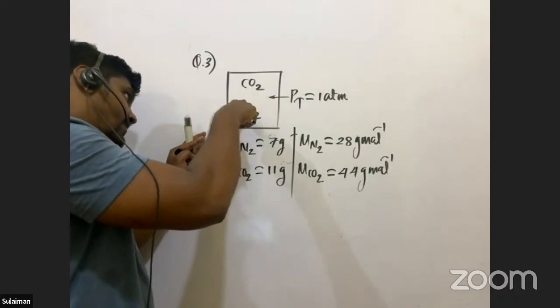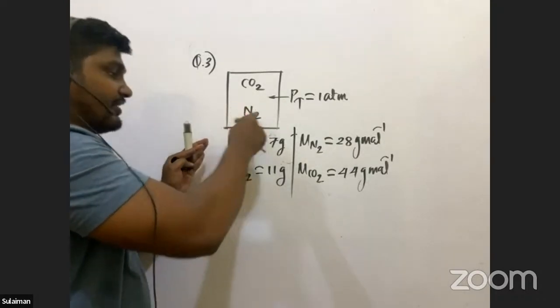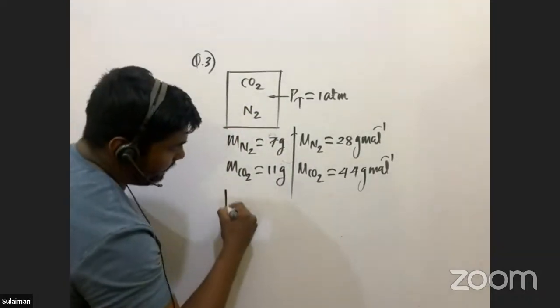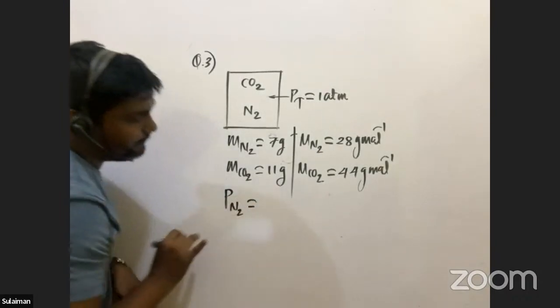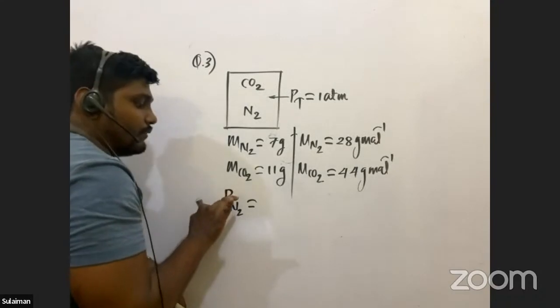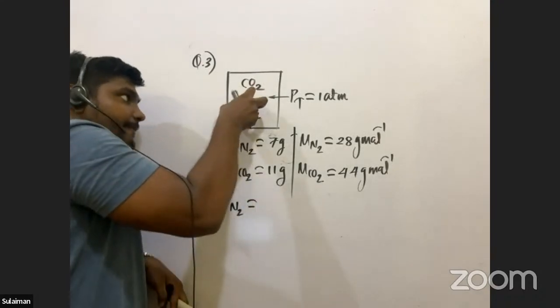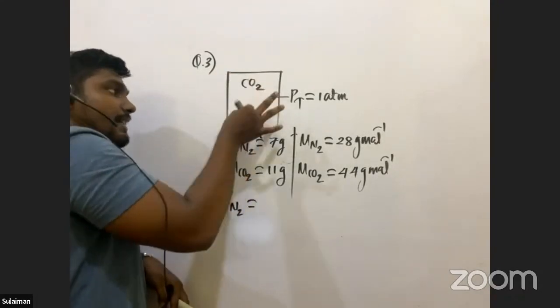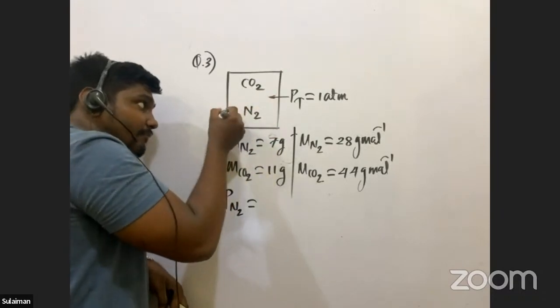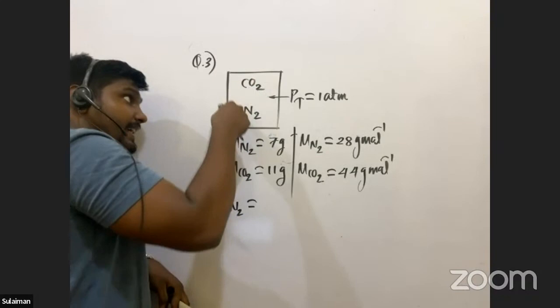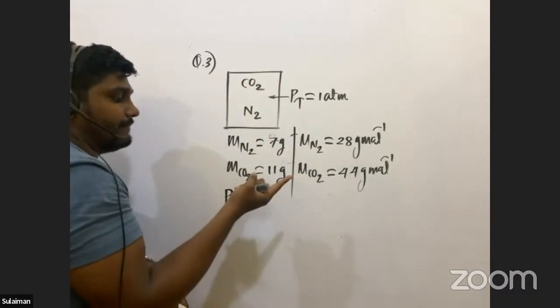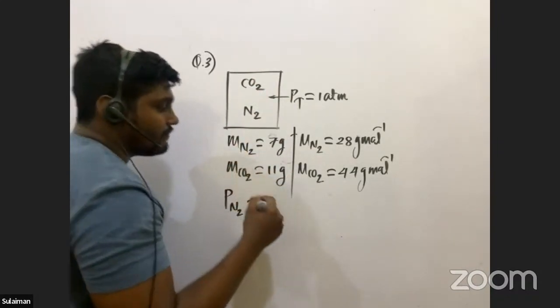If you want to find the partial pressure produced by the nitrogen, I say partial pressure produced by the nitrogen is P capital N2. This equals the number of nitrogen moles in the container over the total number of moles in the container, into total pressure, right?